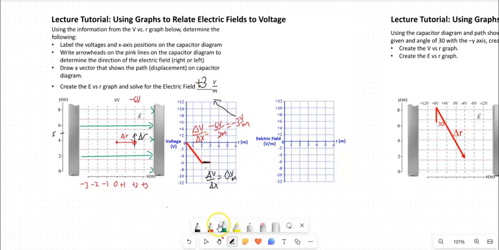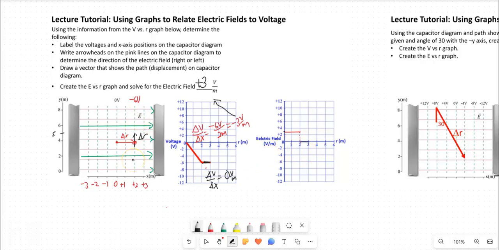Well, this is going to be a constant positive 3, which is right here. Over the distance, I'm sorry, I should be using red. Over the distance of 2 meters. And then something happens, and now the path is going upwards or downwards.